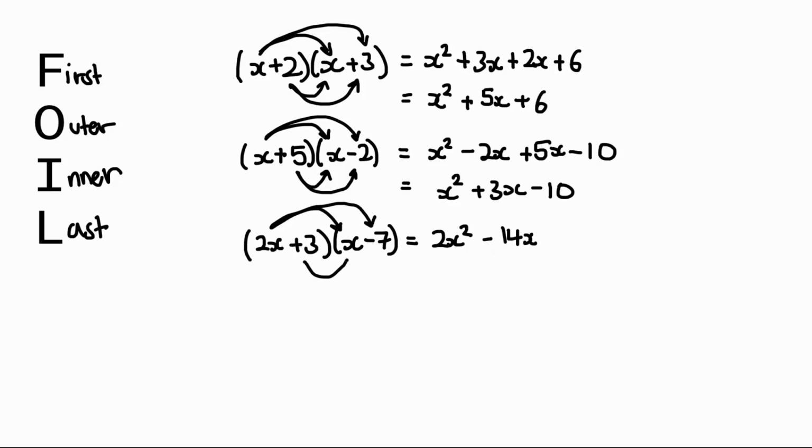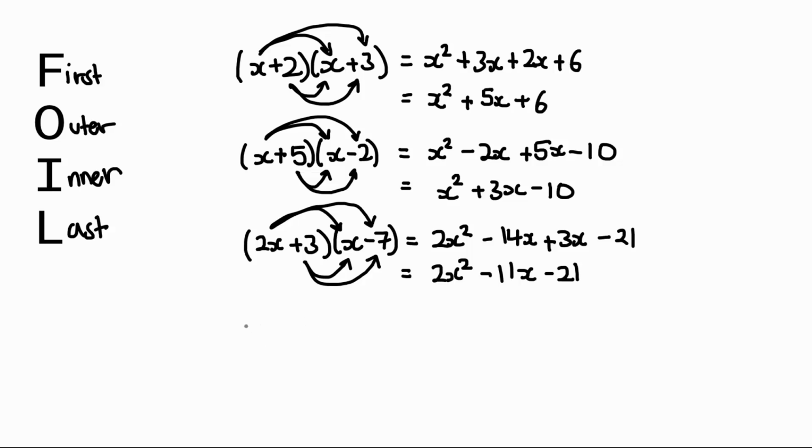And we have our inner 3 times x, which is plus 3x. And lastly, we have the last, which is 3 times minus 7. So that's minus 21. Combining like terms, we get 2x squared, and minus 14x plus 3x is minus 11x, and the minus 21 just carries down.